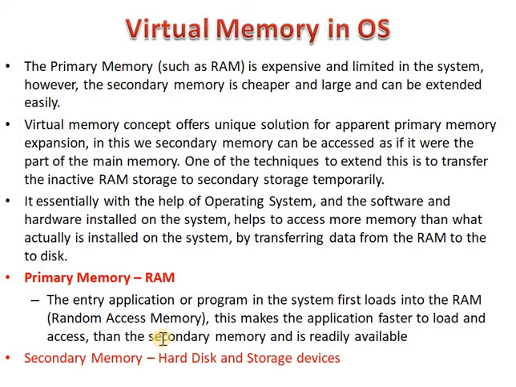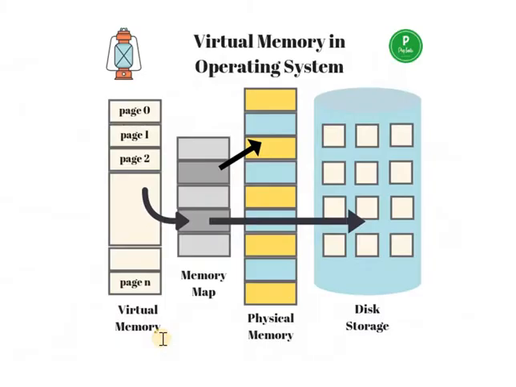Whichever application is going to be run on the computer is first loaded into the computer's RAM. This makes the application faster to load and access than from the secondary memory, because the data for processing is first taken from the primary device, so it provides faster operation than the secondary storage.